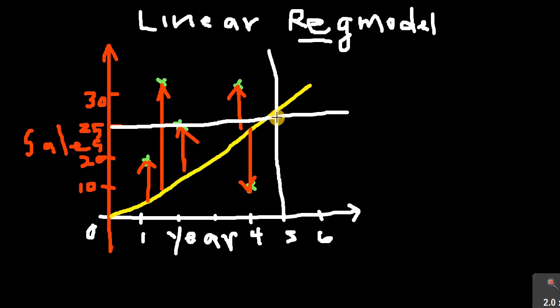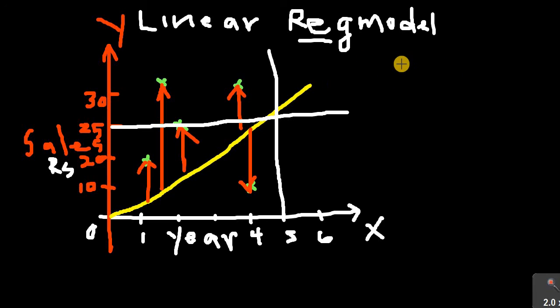For the 5th year, the sales would be 25 lakhs, sales in rupees. This is in years. So this will give us the appropriate prediction for this dependent variable from this independent variable. Usually the independent variable is taken as x and the dependent variable as y.